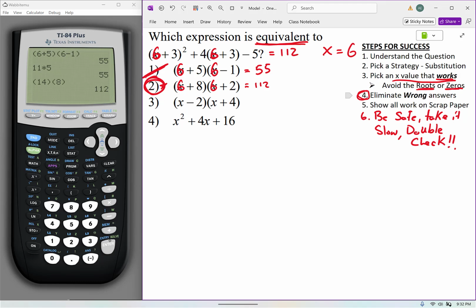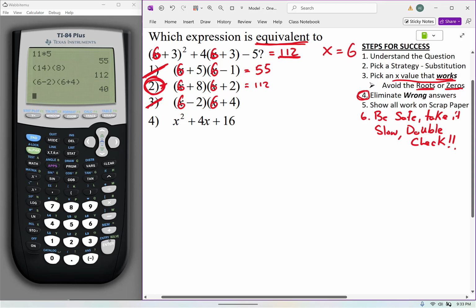So I'm going to go through and verify the next one, 4 and 10. 4 times 10 is 40, but I'm in no rush. Just type it out. I know that 6 minus 2 is 4, and I know 6 plus 4 is 10, and I know that's 4 times 10, that's 40. But look, that's not right, because I was looking for 112.